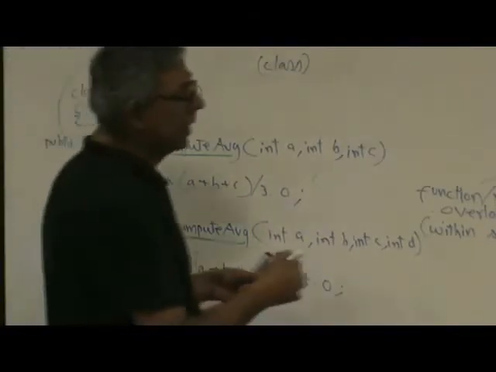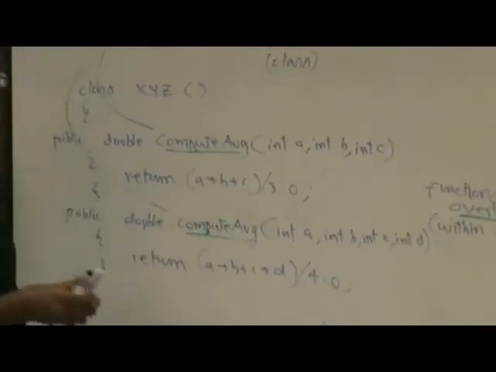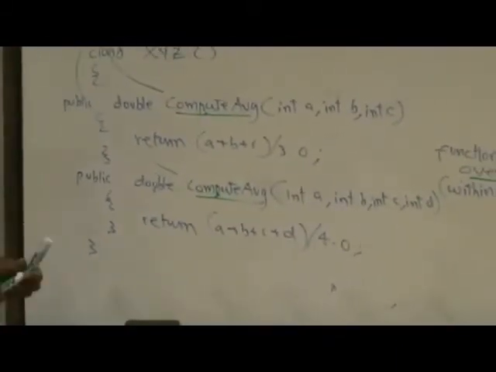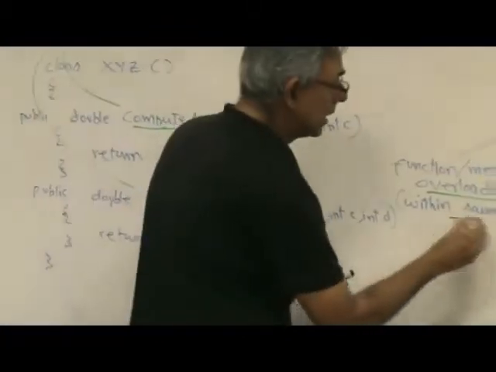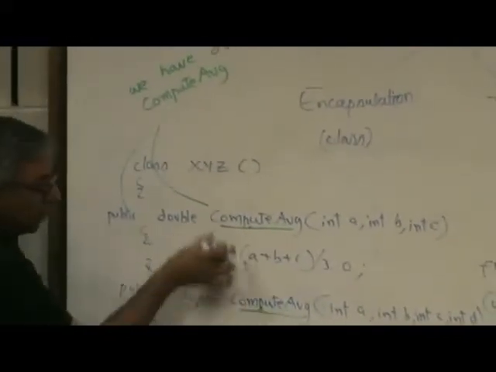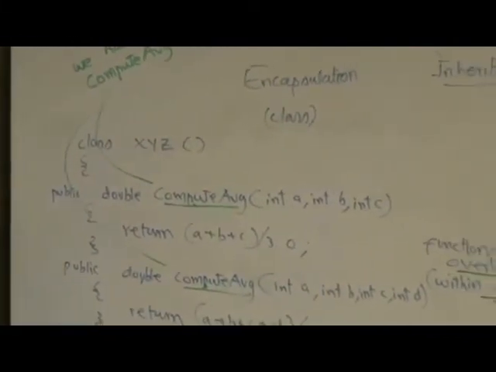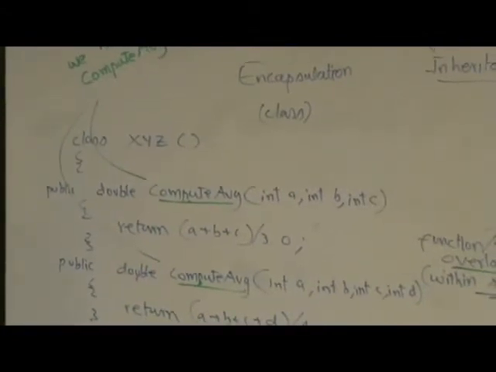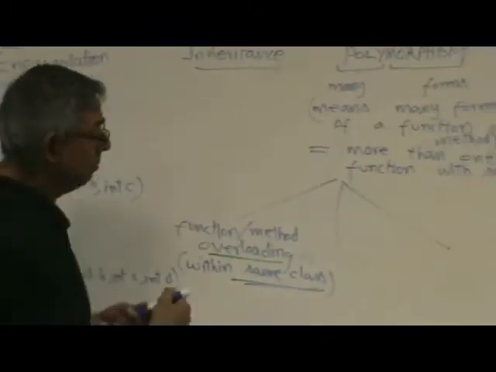So overloading is one form of polymorphism because we have more than one function with the same name. And once again, overloading is done within the same class. As we discussed, we often overload constructors. That's very typical, right? What's the second form of polymorphism?